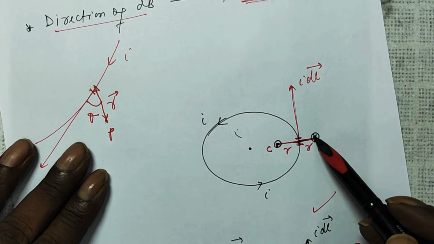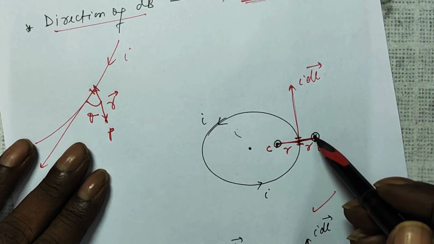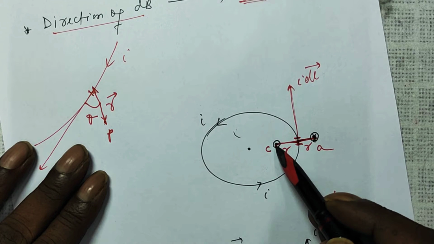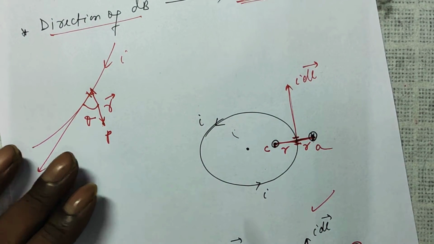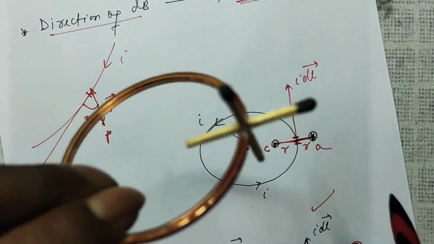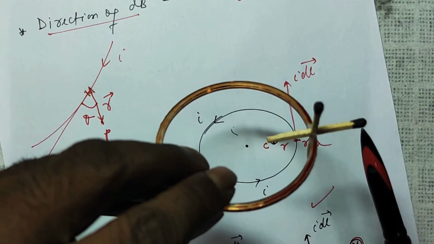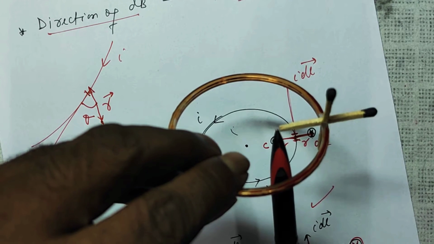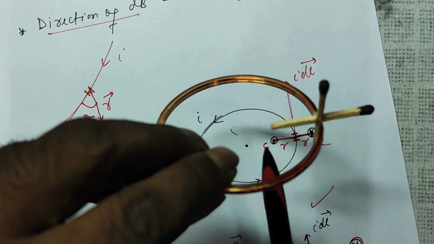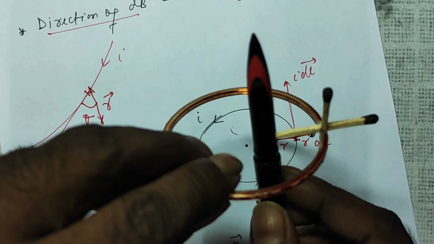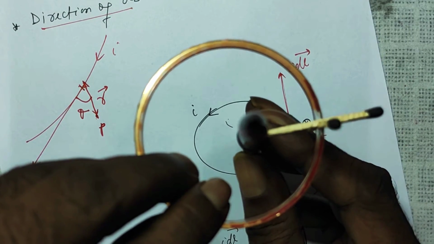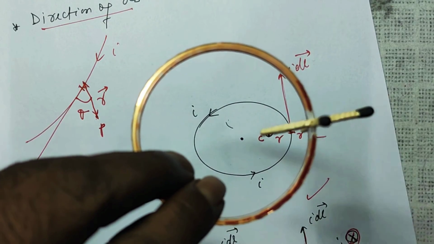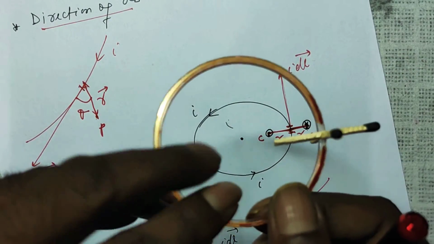So here the magnetic field is into the plane of the paper. Here the magnetic field is perpendicularly out of the plane of the paper. Here the magnetic field is into the plane of the paper. Here the magnetic field is pointing outward. And here the magnetic field is pointing inward.